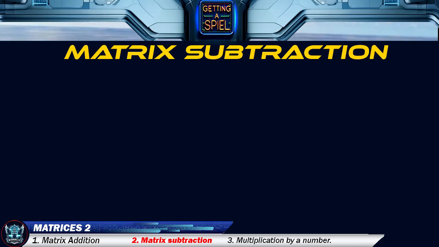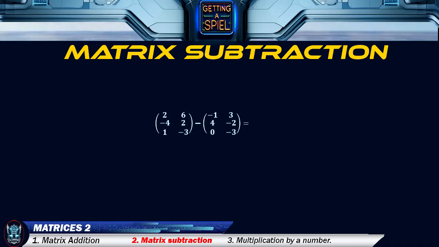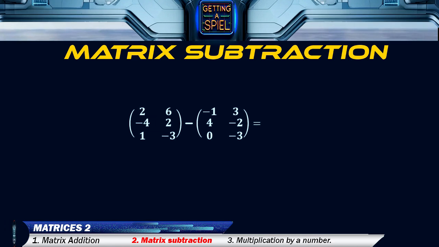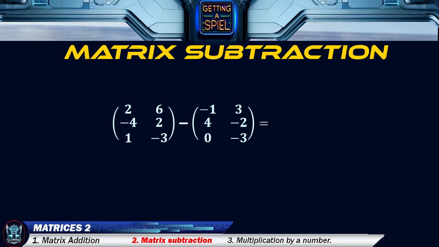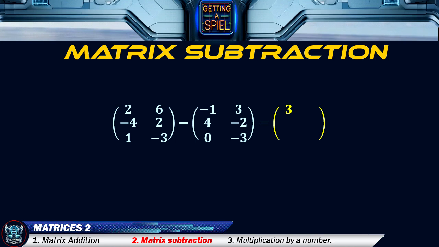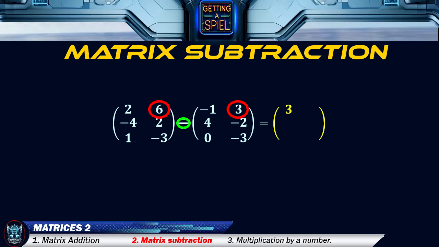I present to you the subtraction of matrices. Just like addition, it is incredibly simple. To subtract two matrices, we simply subtract element by element. Be careful with the sign. Look, 2 minus negative 1 is 2 plus 1, that is 3. 6 minus 3 is 3.